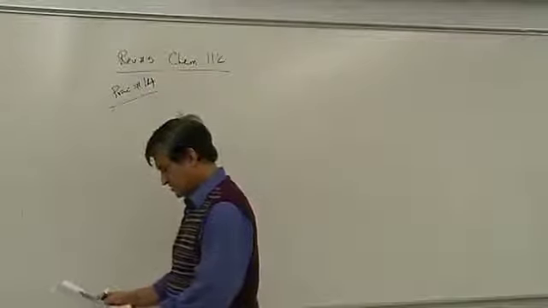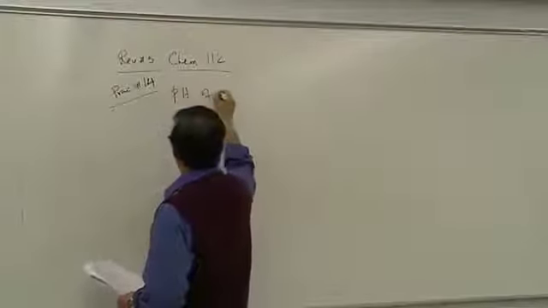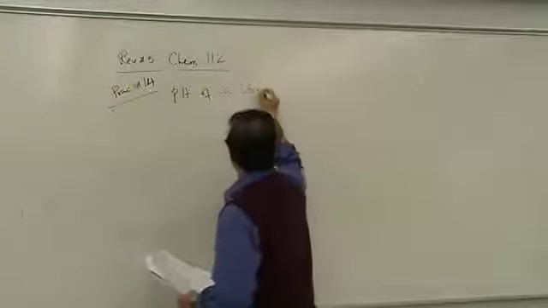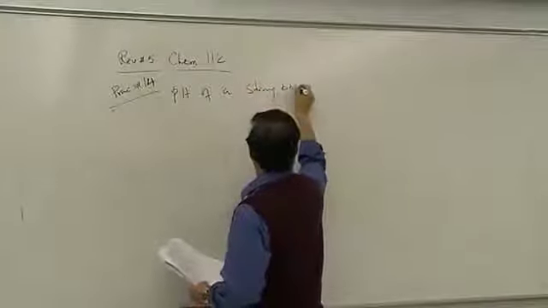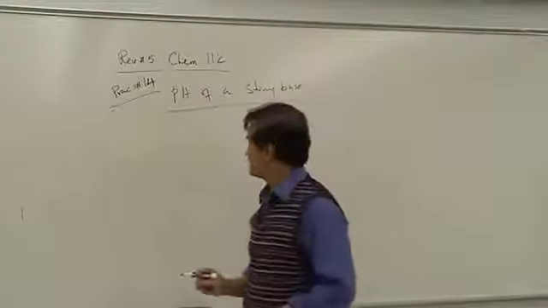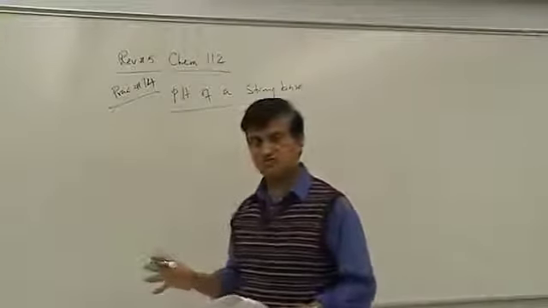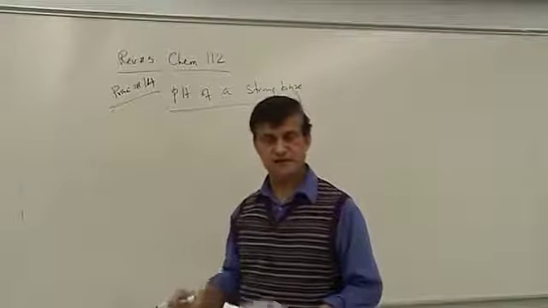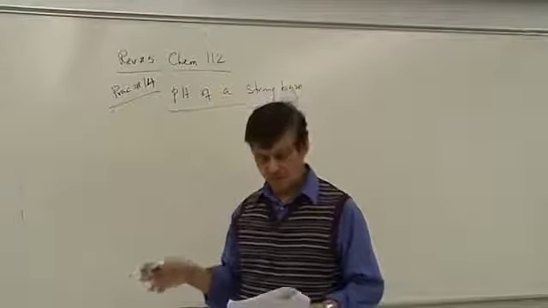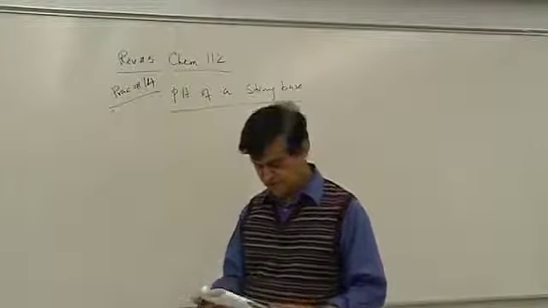Now, this one is a question on the pH of a strong base. Just like your other exam, I think second exam I believe, there'd be a question on a strong acid, weak acid, and a strong base and weak base, pH calculations or pOH values.